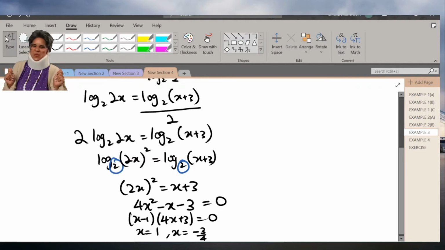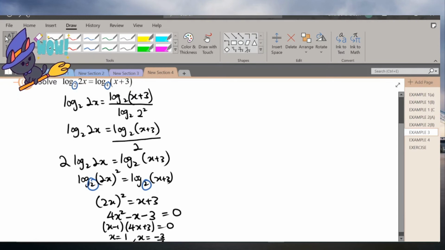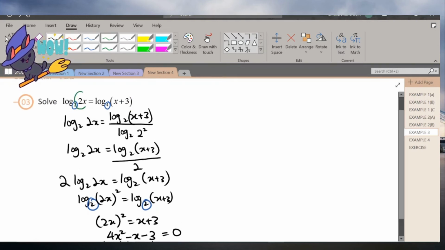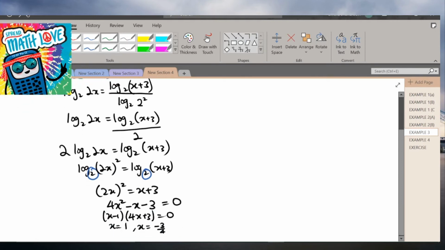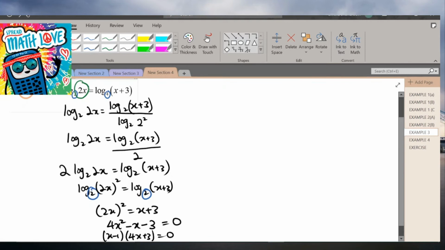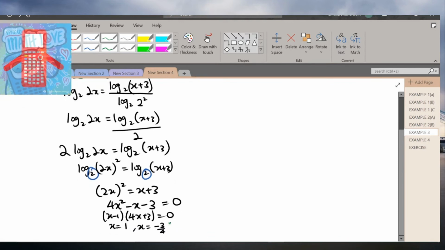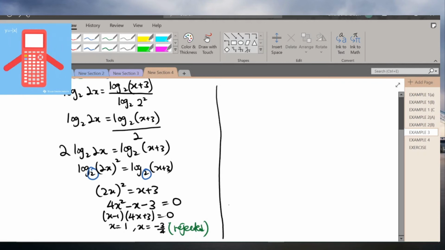So let's look at our original equation. In our original equation, there is a term where x is standing alone. Because no negative numbers can be inside a log, x equals negative 3 over 4 is rejected.